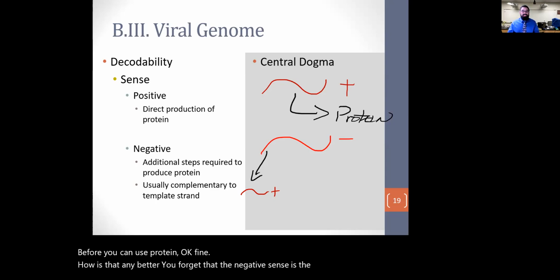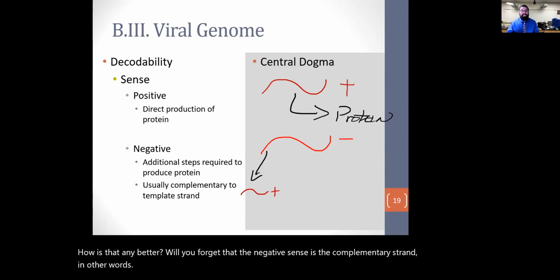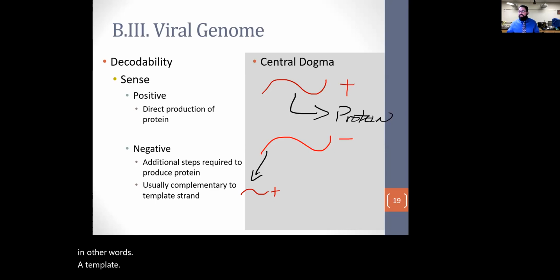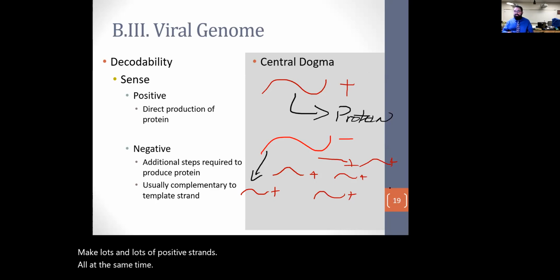In other words, it's a template, which then means that we can use that same template, and in this case, make lots and lots of positive strands all at the same time. And now every single one of them can make us protein.